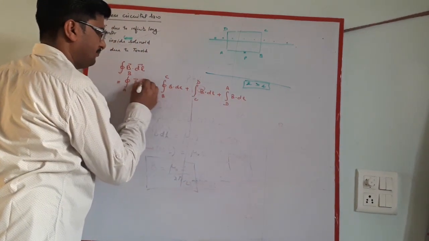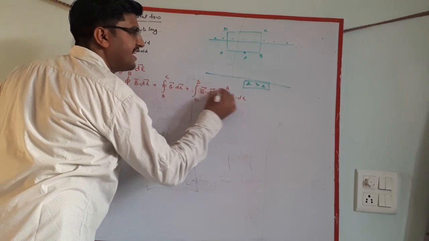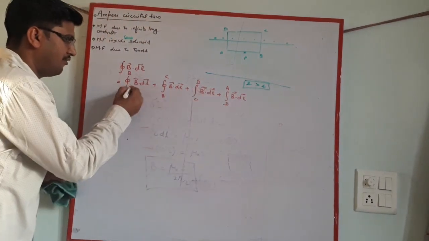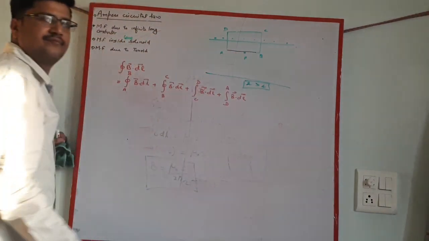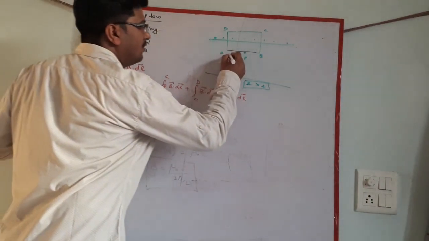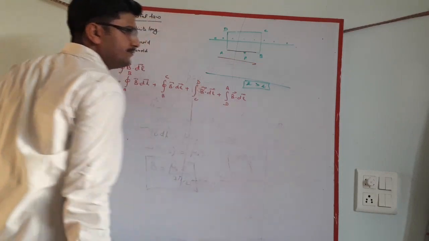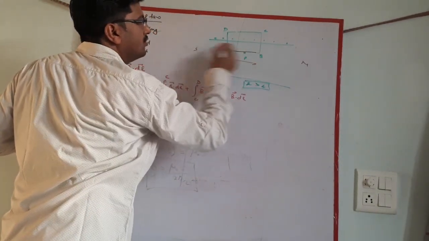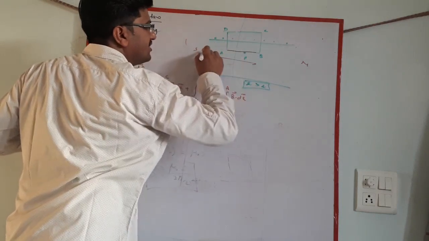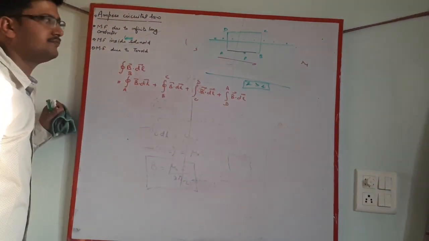Now check the angles. First for AB, the magnetic field is in the same direction. This side is north, this side is south. Outside it goes from north to south, inside from south to north.